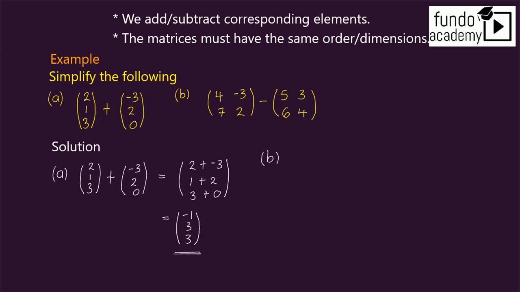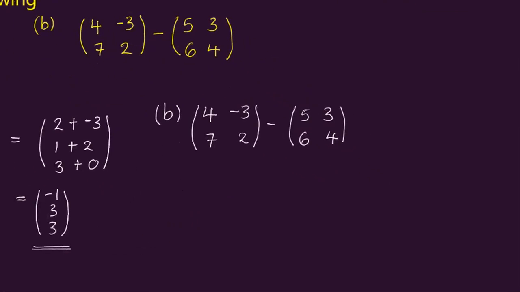And let's move on to part B. On part B we do the same with corresponding elements. So here you can see that 4 corresponds with 5.